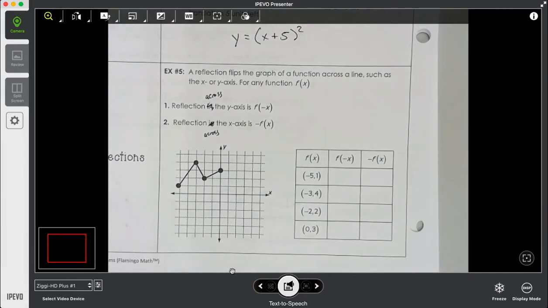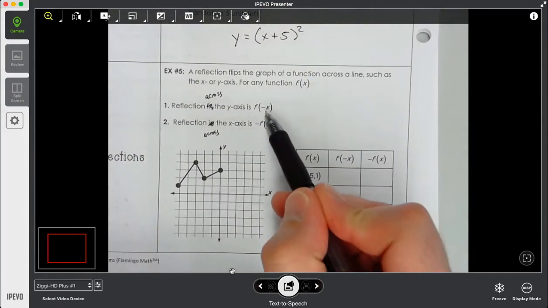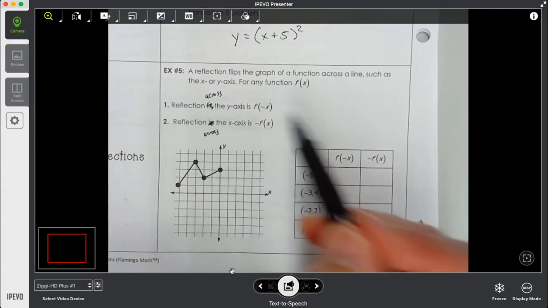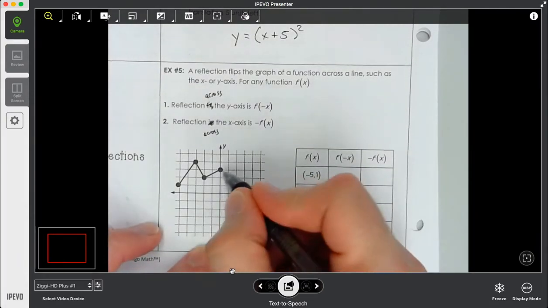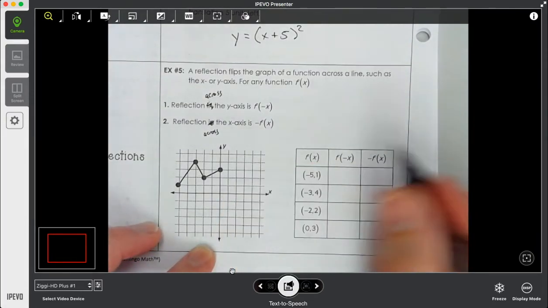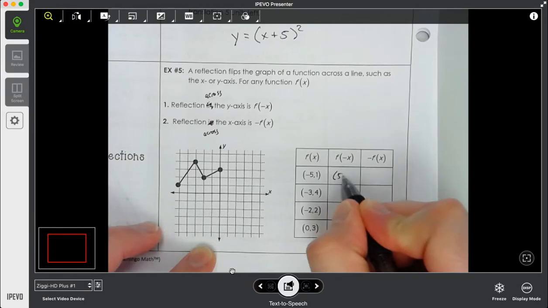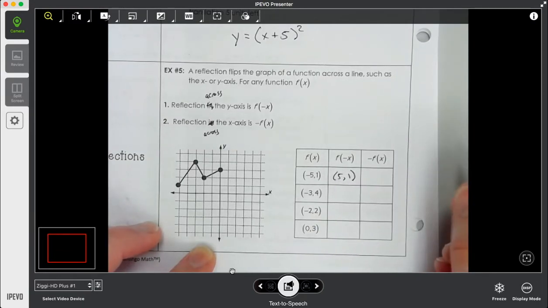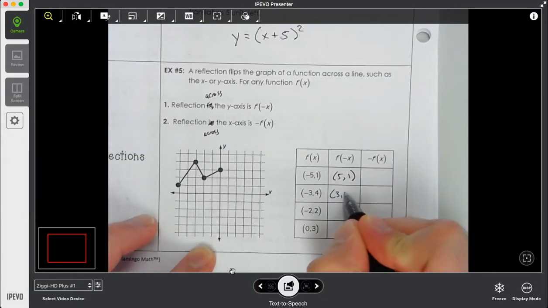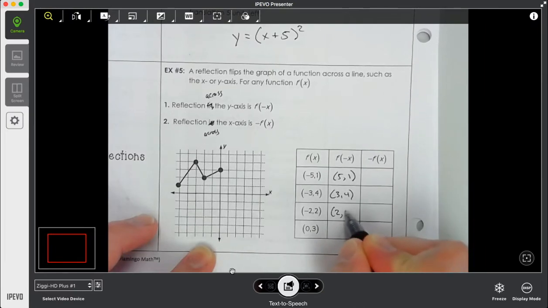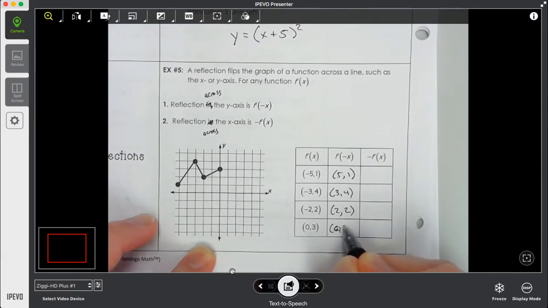And so when we're going across the y-axis, that's like we're changing the input value or the x value. So if I'm going to reflect this across the y-axis, the point negative 5, 1, that means I take the opposite of the input, but the output stays the same, 5, 1. So that will make this one 3, 4, this one 2, 2, and this one 0, 3.